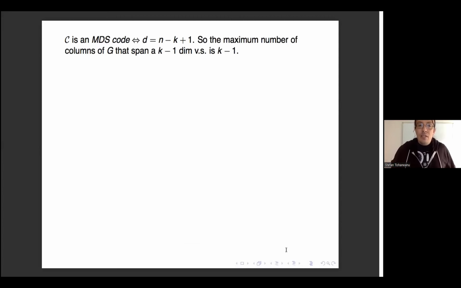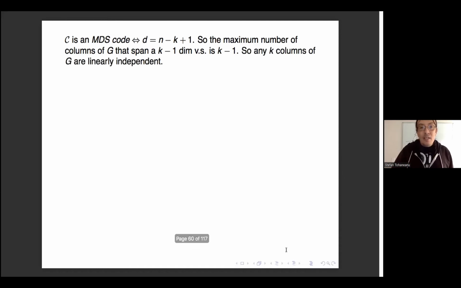So now, the maximum number of columns of G that span a k minus 1 dimensional vector space is n minus this D, which equals k minus 1. So that means that any k columns of G are linearly independent.